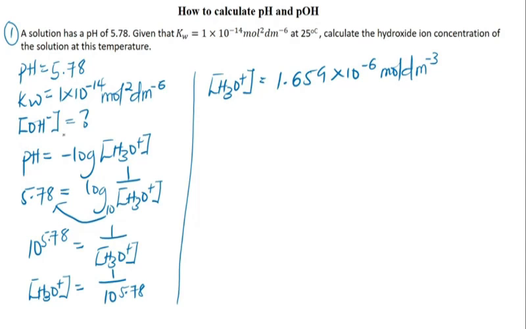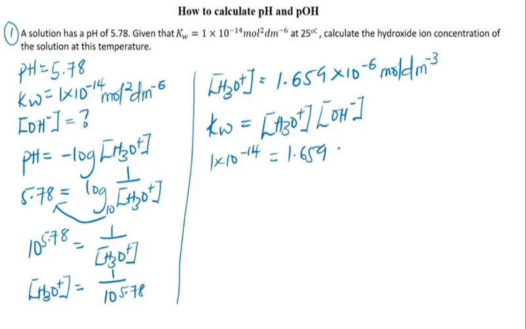Now the question is asking us to find the hydroxide ion concentration, but we know that Kw is equal to the product of the hydronium ion and the hydroxide ion concentration in solution. Kw is given to us as 1 times 10 raised to the power minus 14, which is equal to 1.659 times 10 raised to the power minus 6 multiplied by what we are supposed to find.